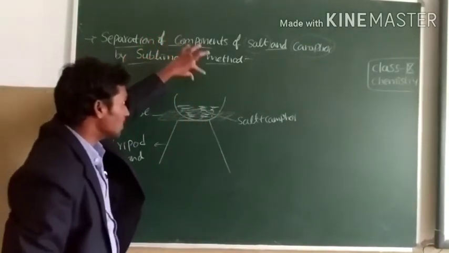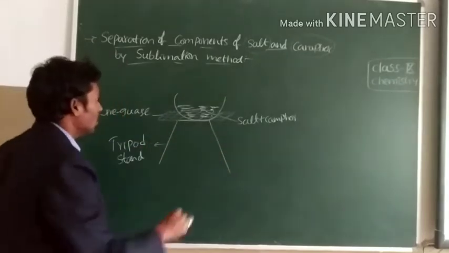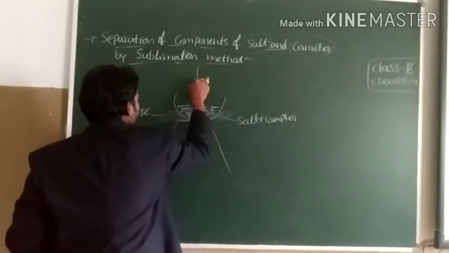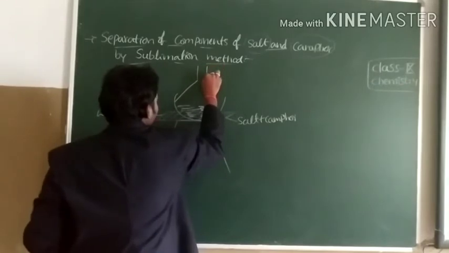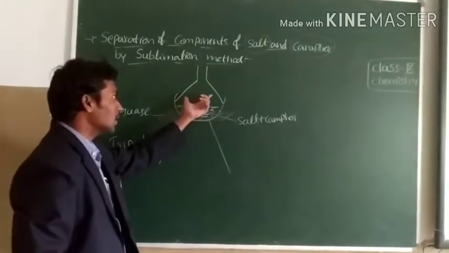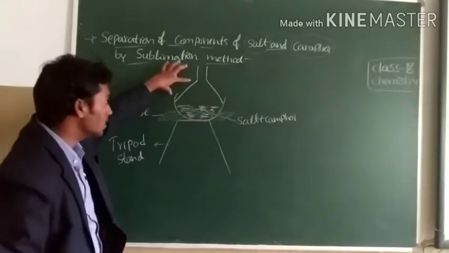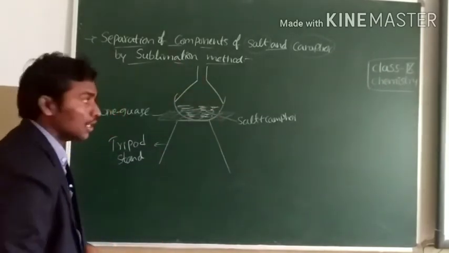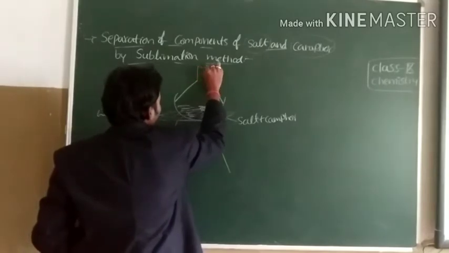Now we have to place an inverted glass funnel over the china dish. Inverted glass funnel means the reverse position of the glass funnel. We know that a glass funnel is opposite to this, so this is the position of the inverted glass funnel, and this is the tip of the glass funnel.